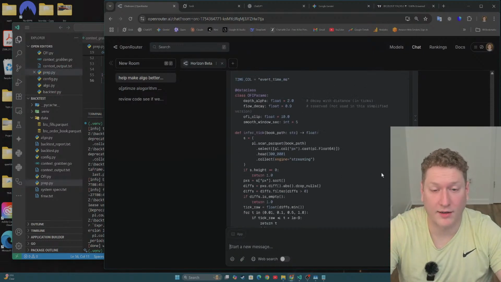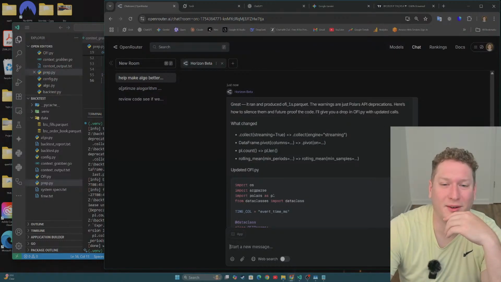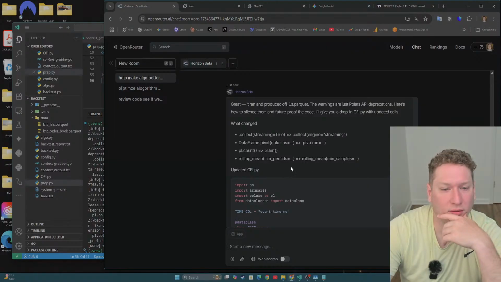So I actually deleted that file. I'm not sure what they ran and produced the OFI one. Okay, the warnings are just Polars warnings. Here's how to silence some future warnings, updated calls to collect. Okay.